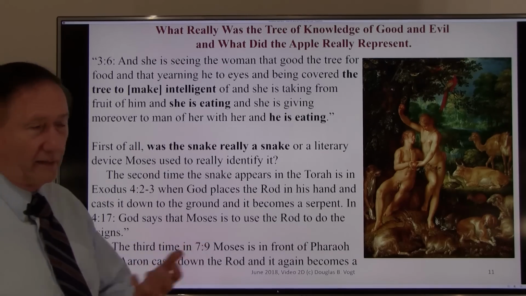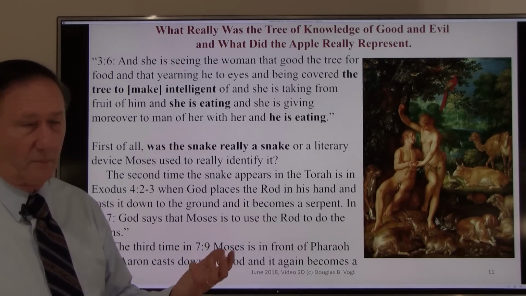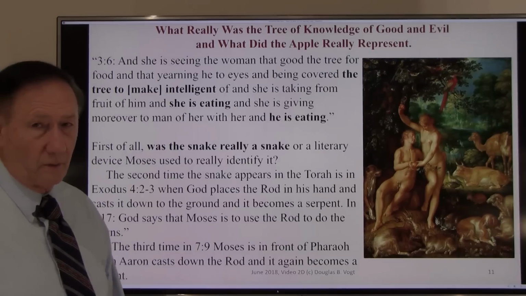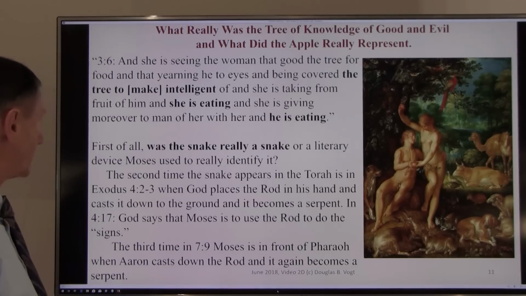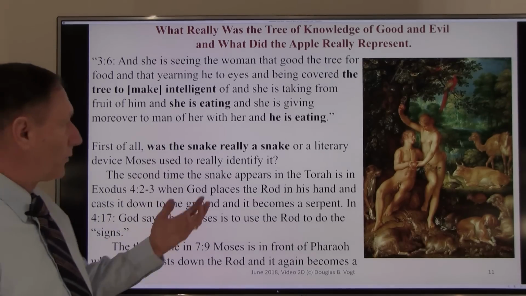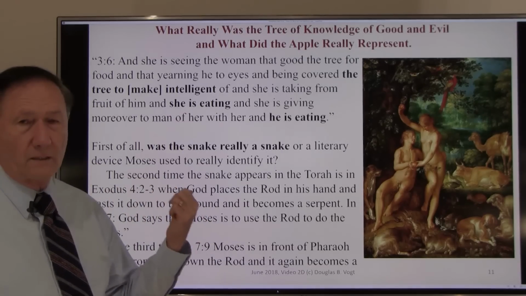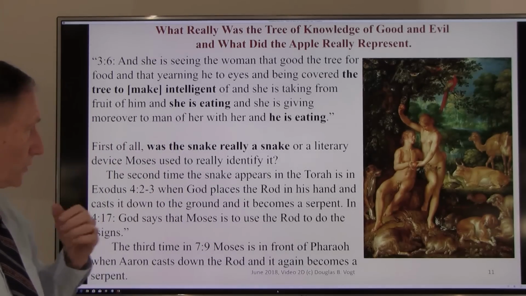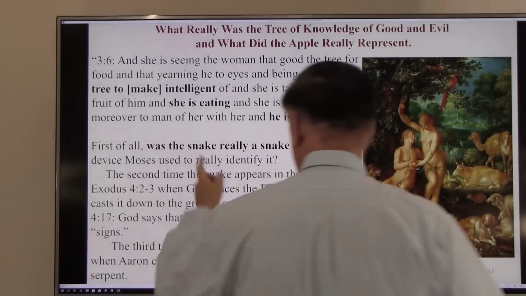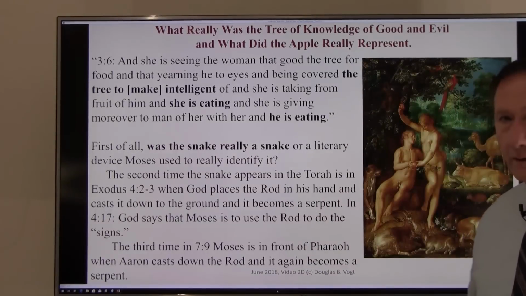Hence, he ate the apple. But you'll find out it's not an apple. And there was no serpent. You'll find out what it is in a second. First of all, was the snake really a snake? No. It was a literary device that Moses used. The other two places, I'll stand over here, you can read the thing. I'll just tell you what it is.